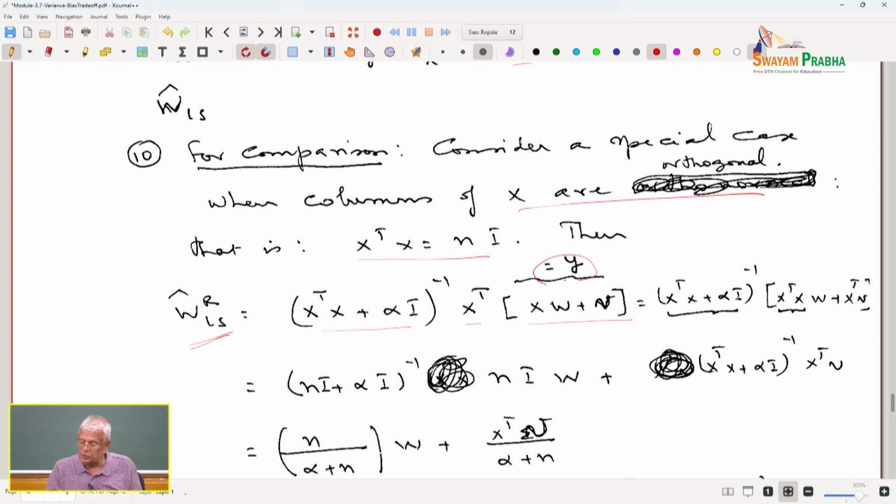So if you substitute y equal to XW plus v, you can distribute this X transpose inside. So this becomes this plus X transpose X W plus X transpose v.